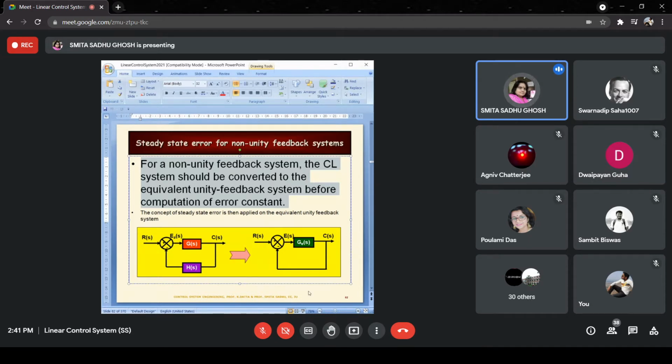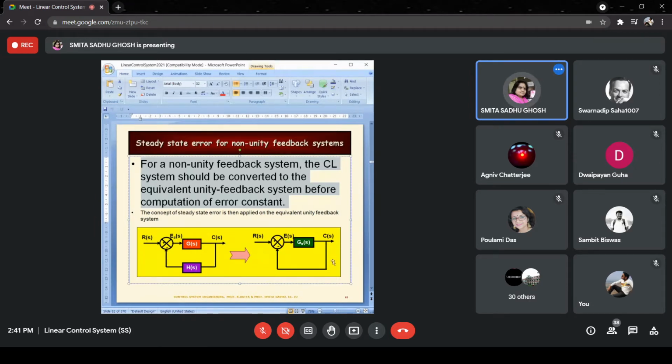So this is the equivalent of this one. So we already have derived what the G equivalent would be. So now, by finding that G equivalent, if we are able to convert the non-unity feedback system into the equivalent unity feedback system, then after the conversion, we can apply the same theory that we have studied.